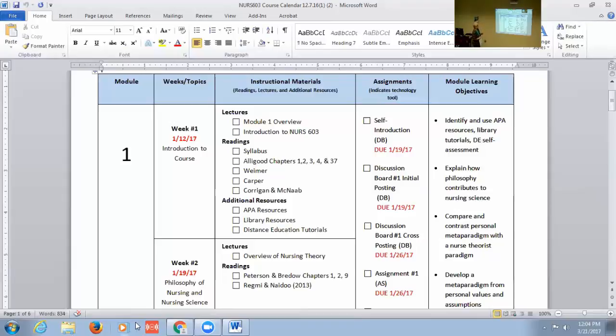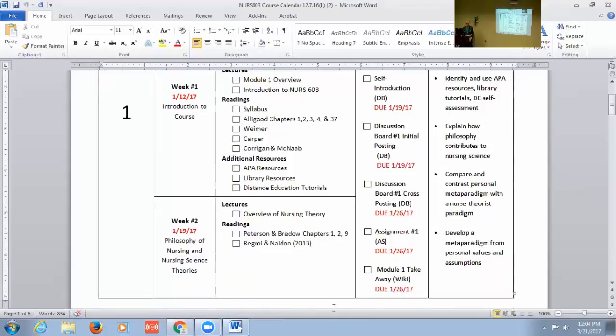So these are the particular objectives that I developed from the course objectives. And so at the end, you will see in their course assignment, they have at the end of the module here, that they would do the module takeaway for these particular learning objectives.